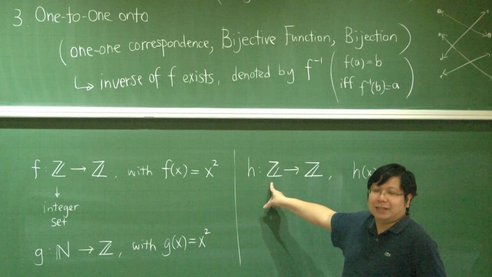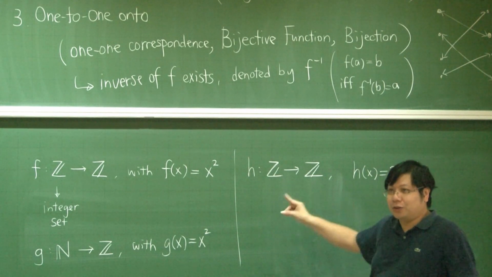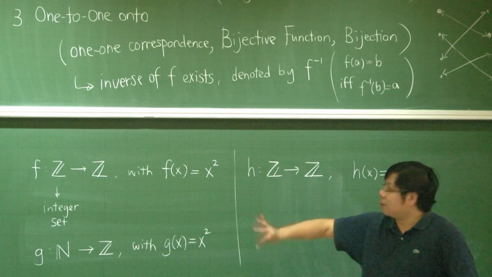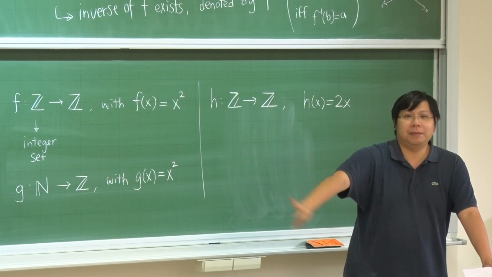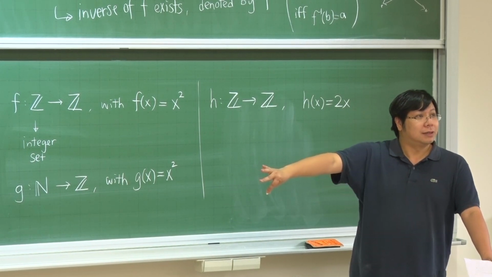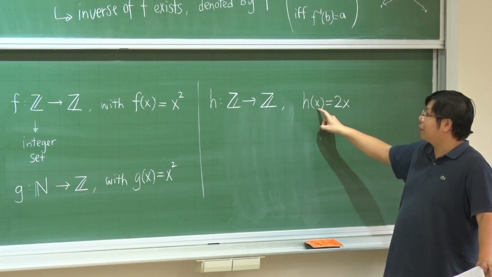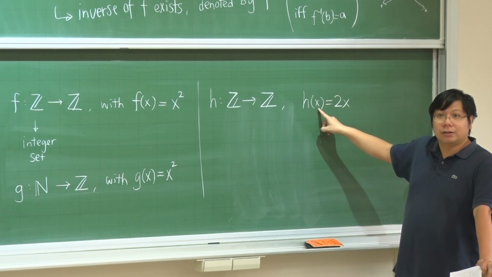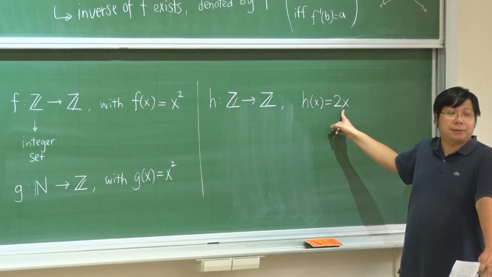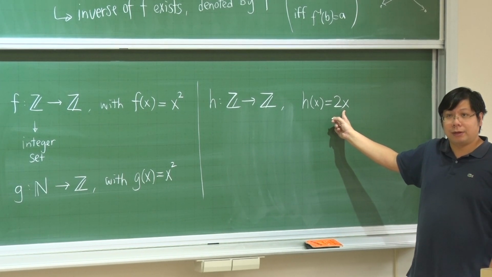So recall, this is integers. Onto means that whether the right-hand side here can be completely covered. Now, because x is an integer, the right-hand side must be 2 times x. It must be an even number, right?